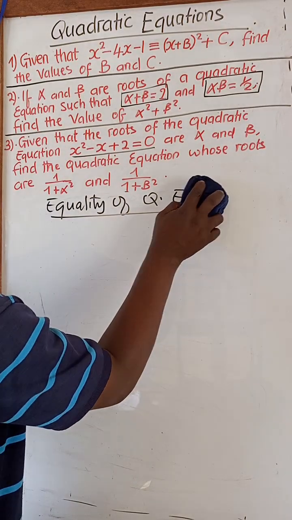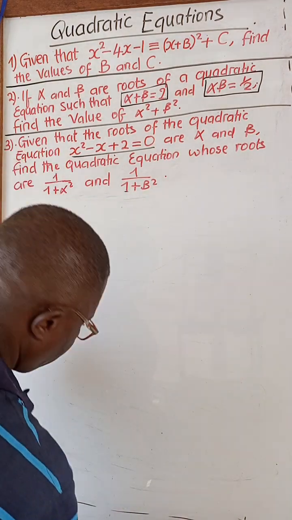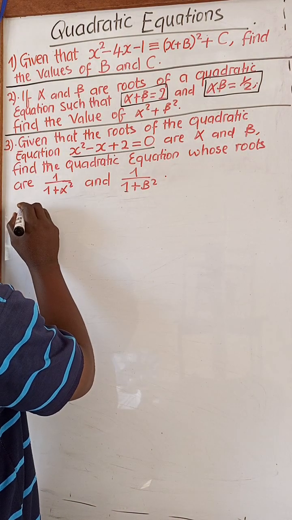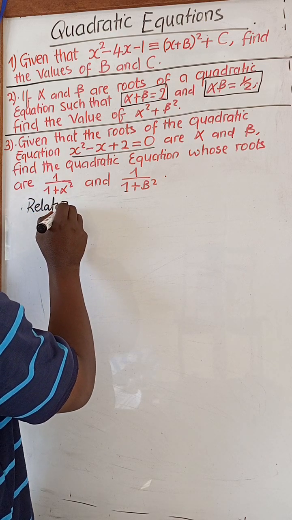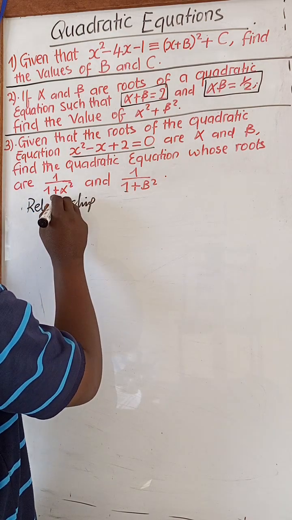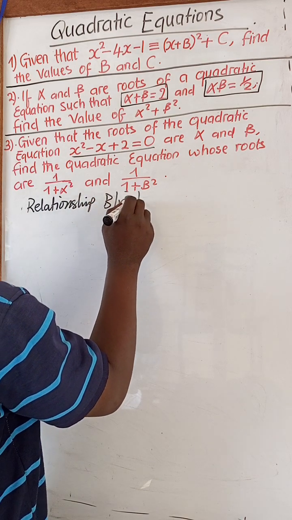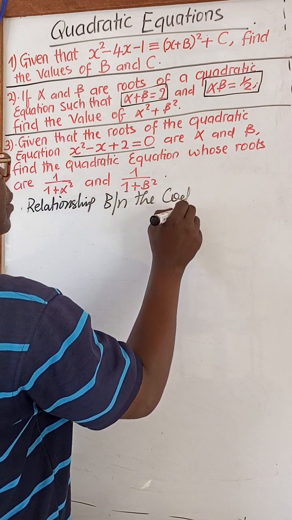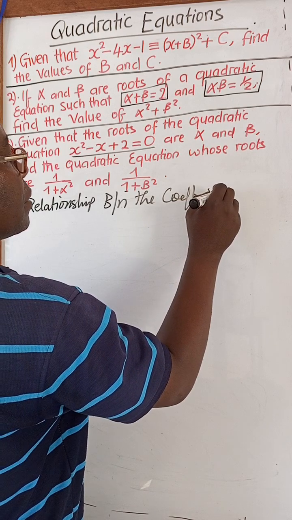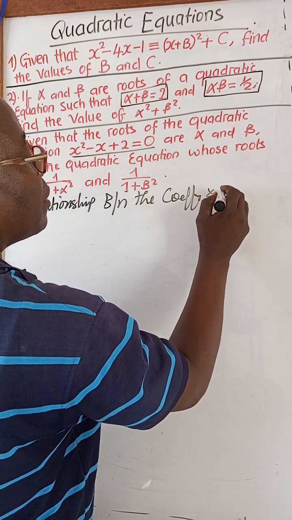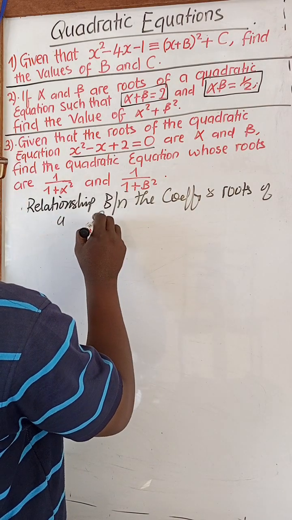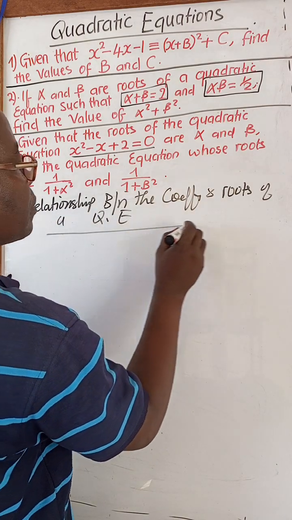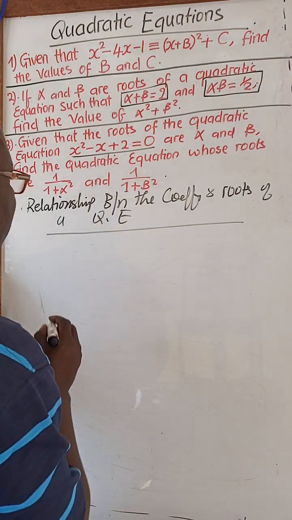So the next notion is the relationship between the coefficients and roots of a quadratic equation.